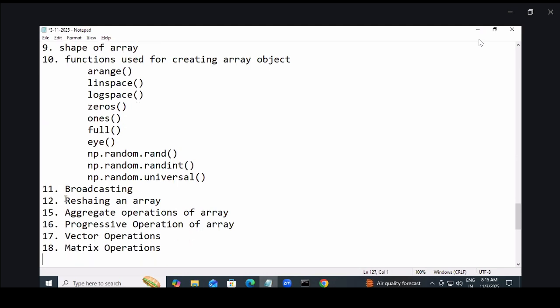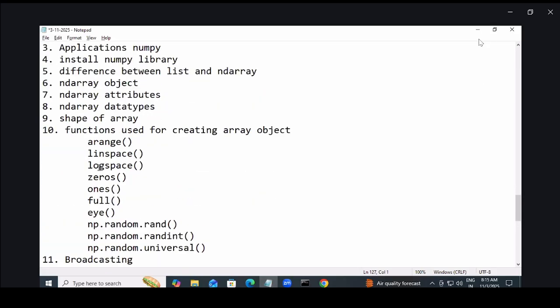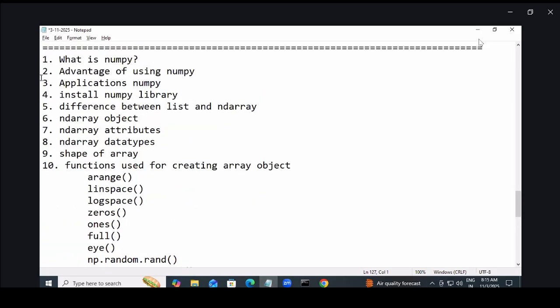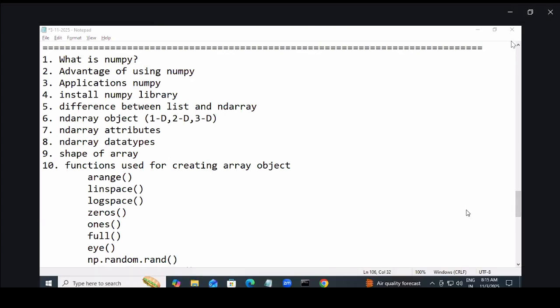All this we discussed till now: what is NumPy, advantage of using NumPy, applications of NumPy, and creating ND array objects, how to represent 1D, 2D, and 3D.